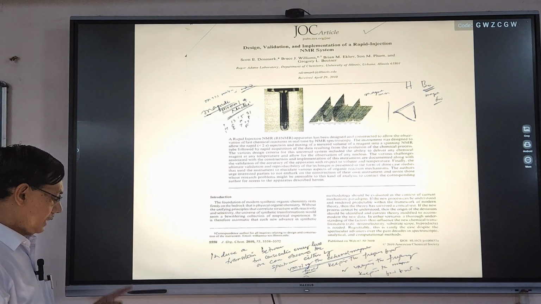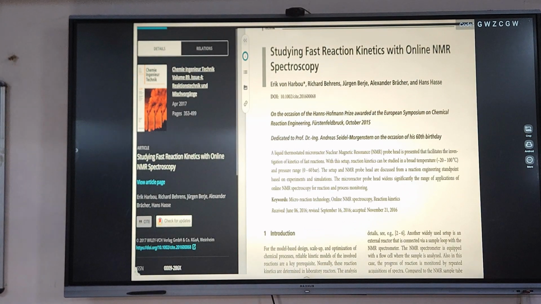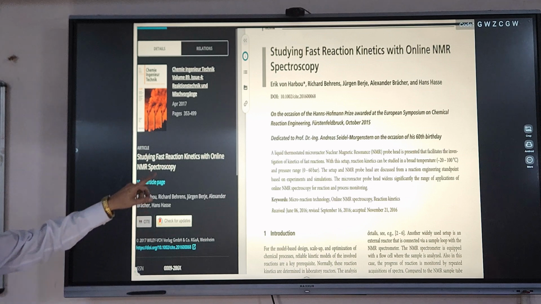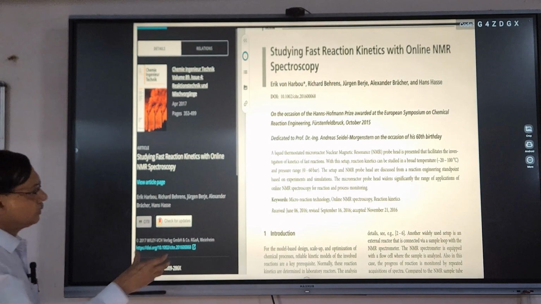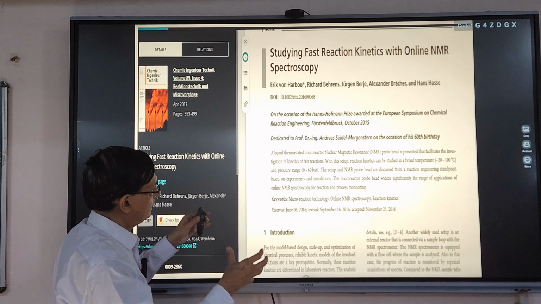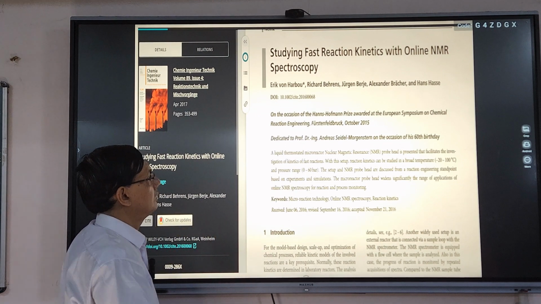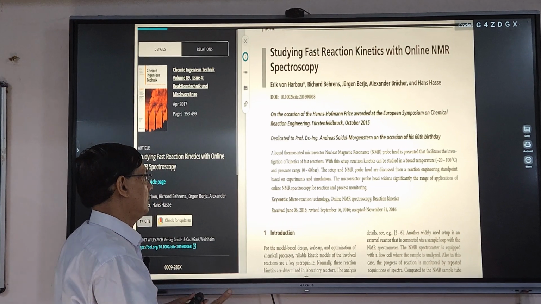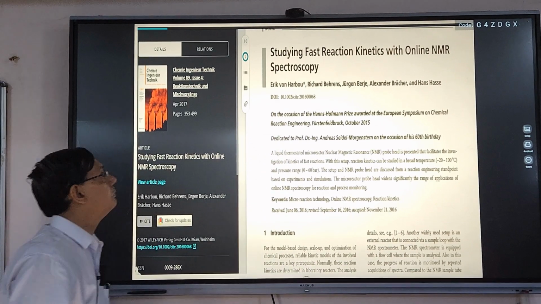So lastly, I am giving another example. It is also a very good research paper, published in the journal Chemical Engineering Technique in 2017. Why am I showing this? Just to understand the technique setup, how the reactants are pumped to the NMR tube.